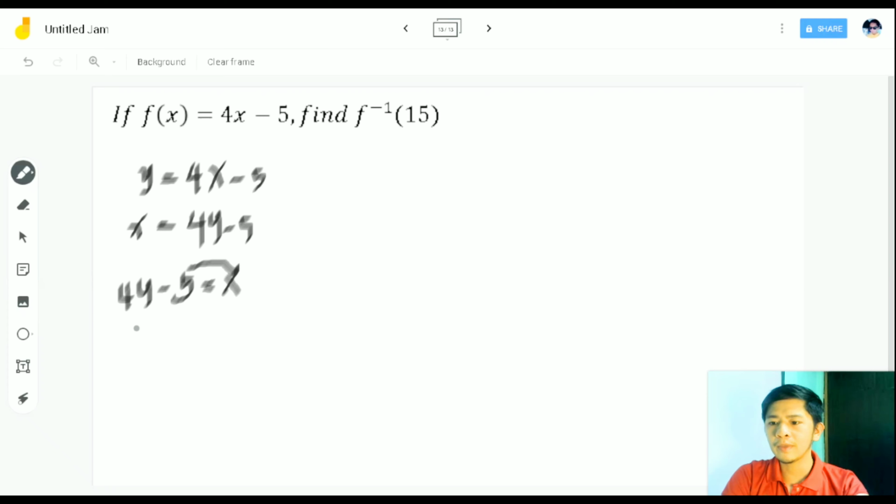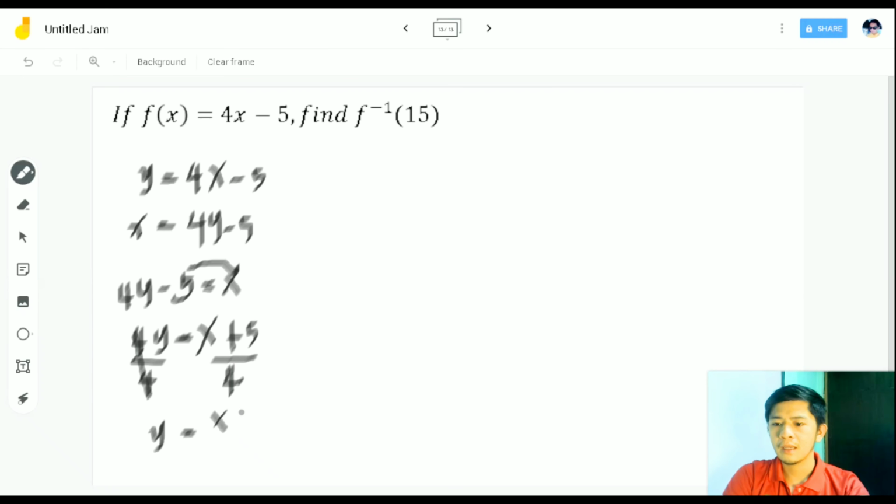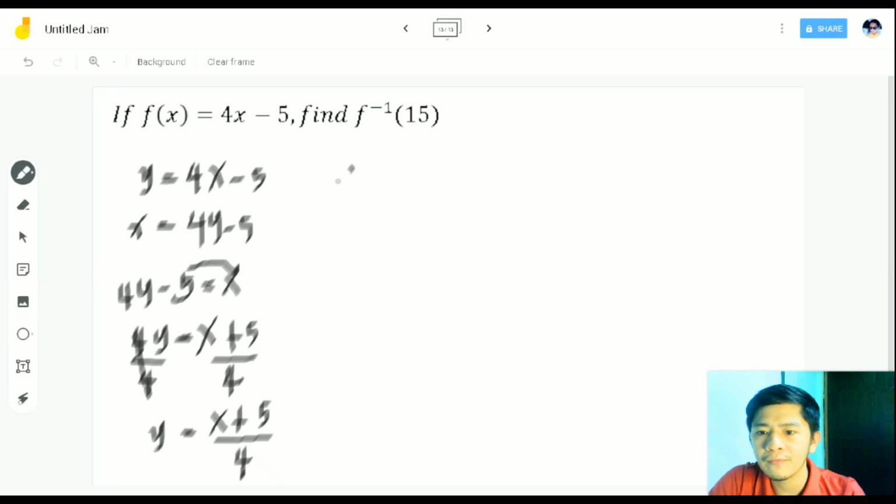Okay, so it will become 4y equals x. Negative 5 will become positive 5. Then remove this 4, divide both sides by 4. Then cancel. So your y now is x plus 5 all over 4. So that is our f inverse of x. Okay? What is that? X plus 5 all over 4.